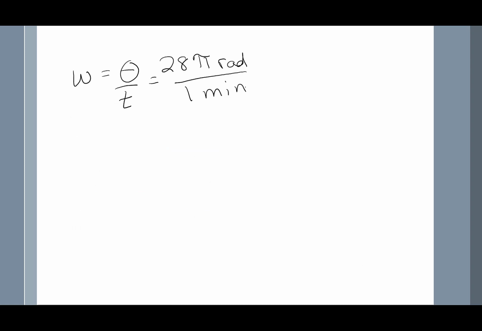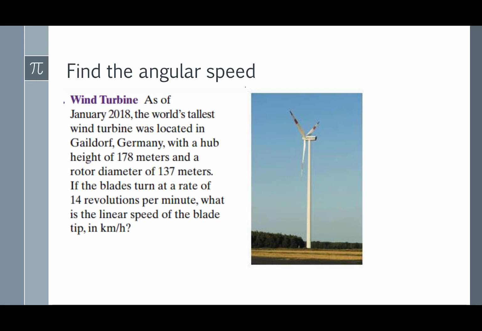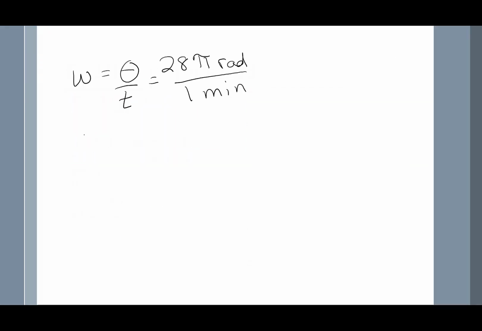Okay, so this is our speed. What did the question ask for? It said find the linear speed of the blade. Well, we had this V for linear speed, which we said initially was S over T. But then remember we changed that and we said, well, S is really theta times R. But then theta over T is omega. So we have omega times R. So here's my omega that we just found.